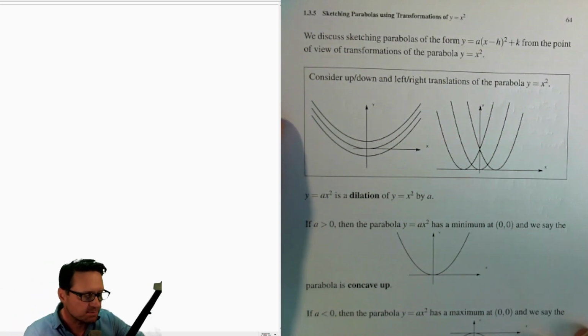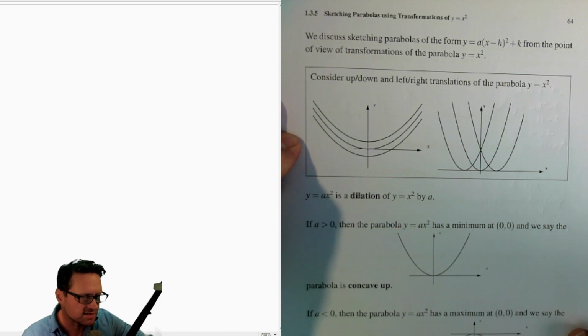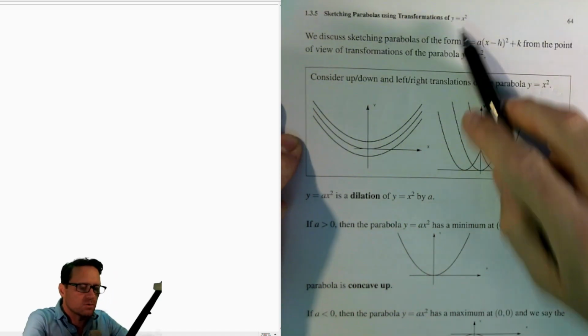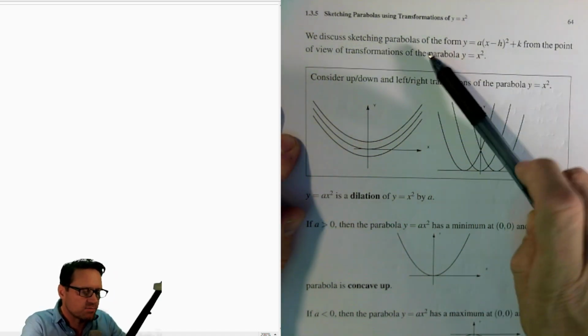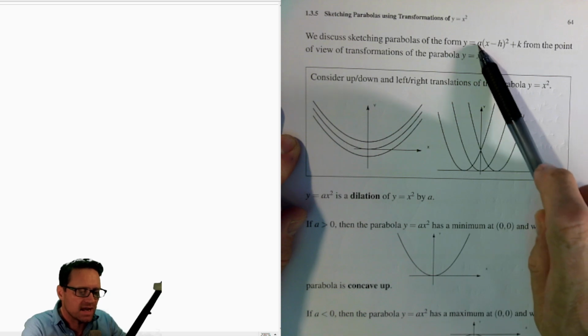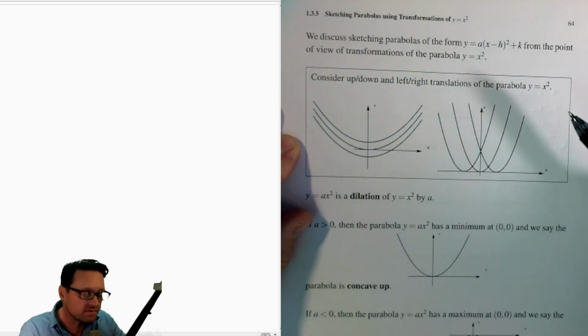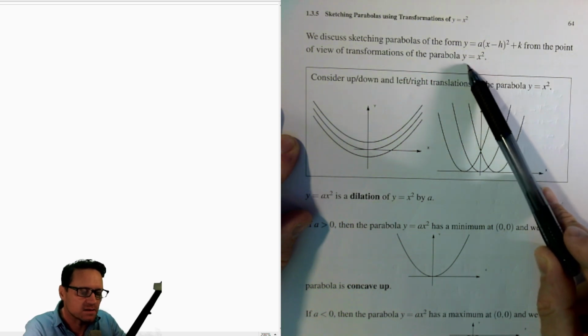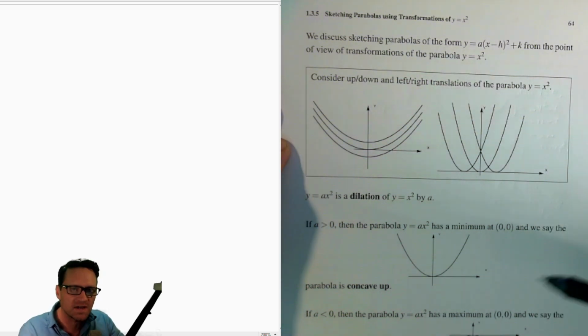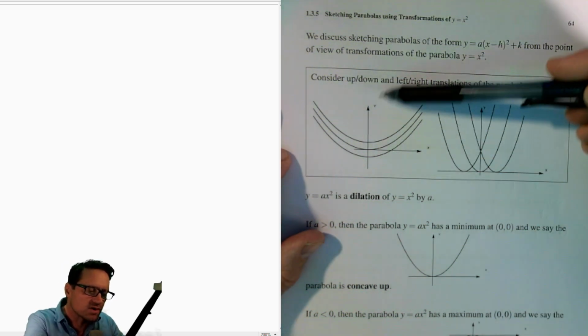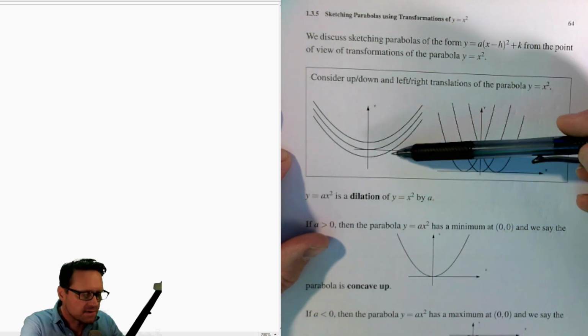Topic: sketching parabolas using transformations of y equals x squared. So we discussed sketching parabolas of the form y equals a (x minus h) all squared plus k from the point of view of transformations of the parabola y equals x squared. Okay, so first of all, we have up or down translations, and that's shown there.